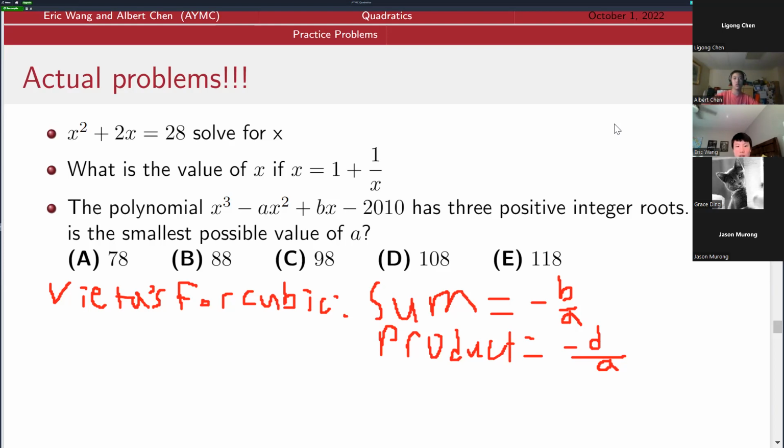Okay, so Albert, can you let annotating?